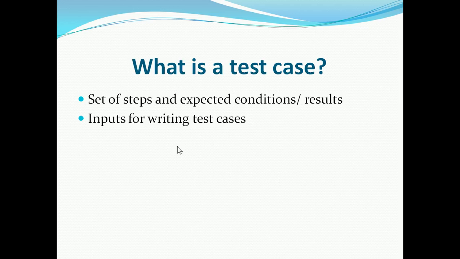So it is possible that for your particular system there is a checklist available. So these are the various inputs you can use for coming up with the test ideas that you can subsequently translate, convert into test cases.